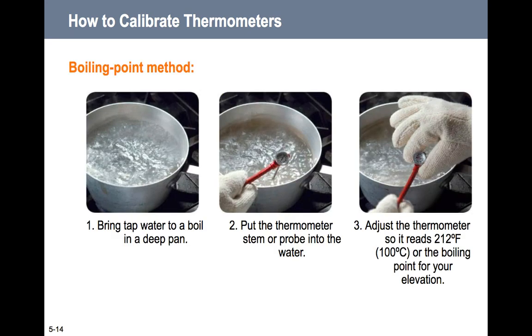The boiling point method is done by bringing tap water to a boil in a deep pan. You then put the thermometer stem or probe into the water and adjust the thermometer so it reads 212 degrees Fahrenheit, or the boiling point for your elevation. For most areas, it is 212 degrees Fahrenheit.